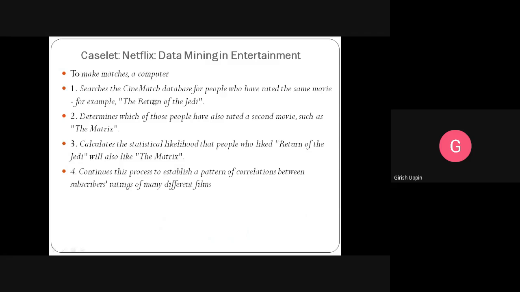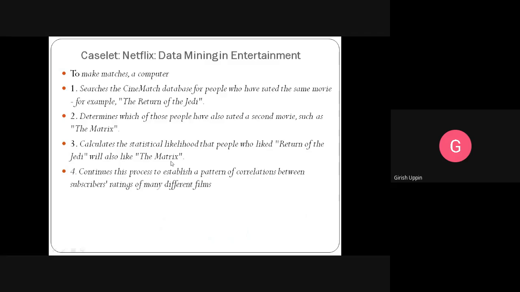Netflix example: this searches the Cinematch database for people who have rated the same movie, for example, The Return of the Jedi. Some people have looked into this. It determines which of those people have also rated a second movie, such as The Matrix. Then it calculates the statistical likelihood that people who liked Return of the Jedi also liked The Matrix.